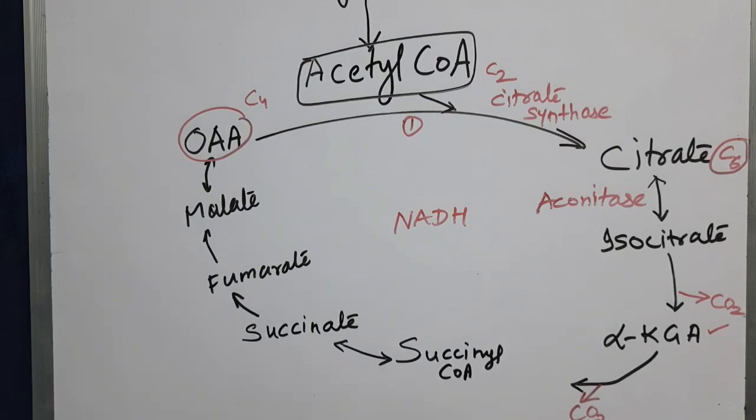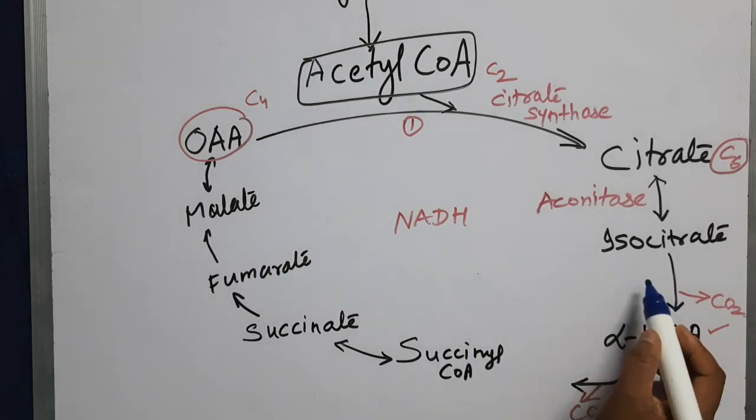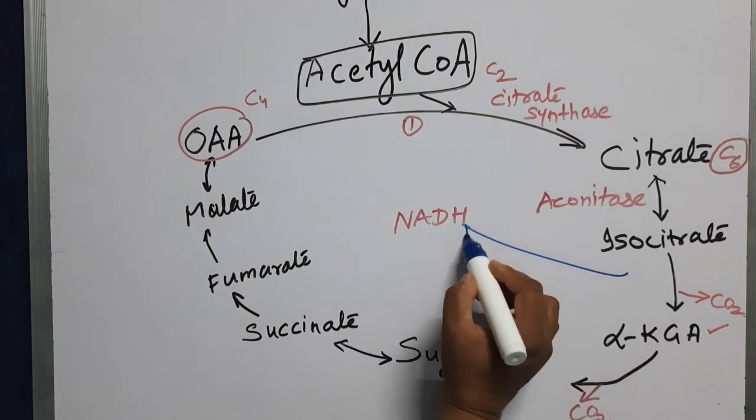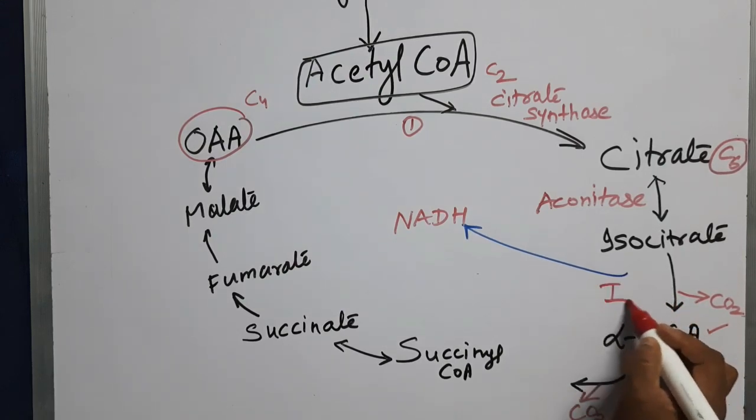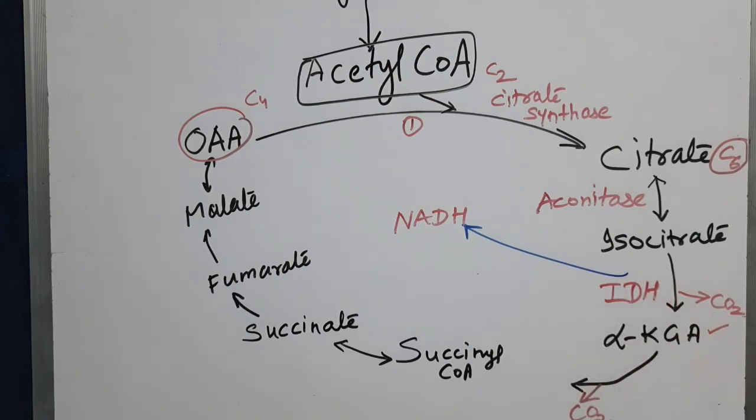So this step generates one NADH. The enzyme name is isocitrate dehydrogenase.